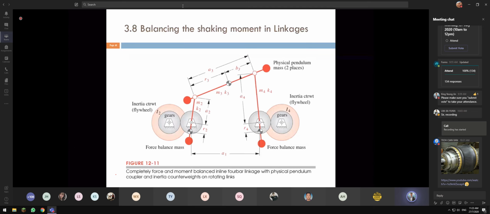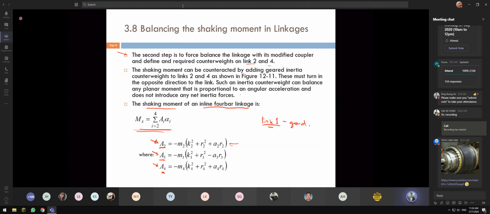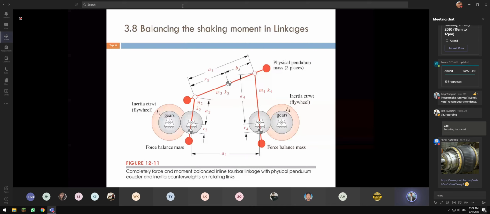Just now he mentioned that we can counteract the shaking moment with the gear inertial counterweight. What we do is put this, which has the flywheel here. We call it the inertial counterweight, and then put a gear attached to this link.